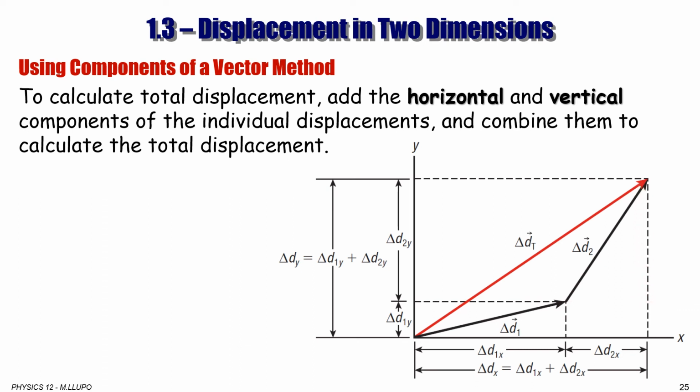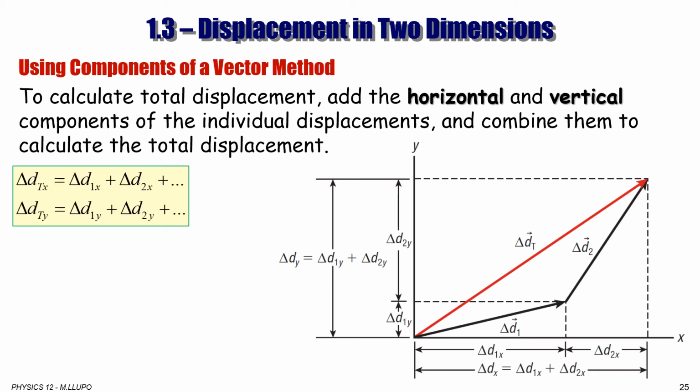Then you can add the x components together, to get delta d total x as delta d1x plus delta d2x plus any x component if we have more than two vectors. And the same way for the y component, delta d total y is equal to delta d1y plus delta d2y plus any delta d3y or something.